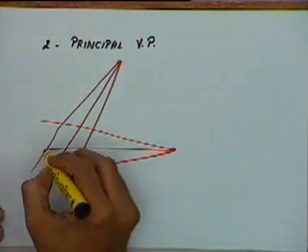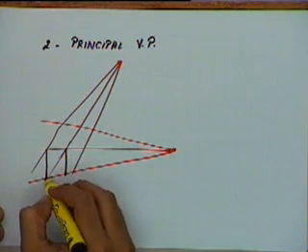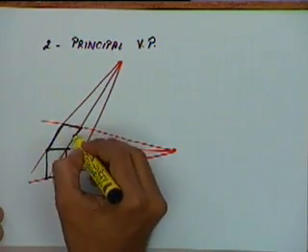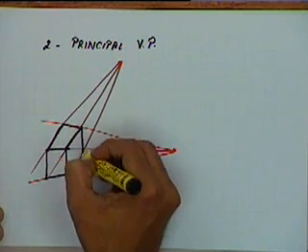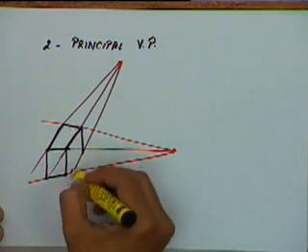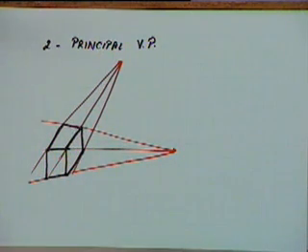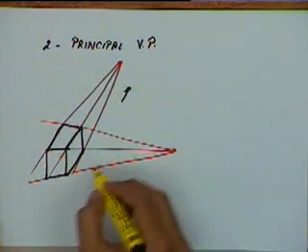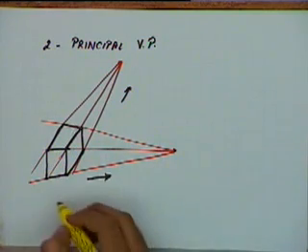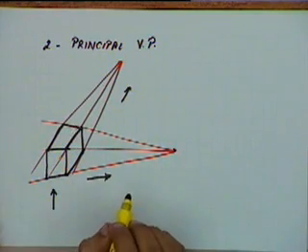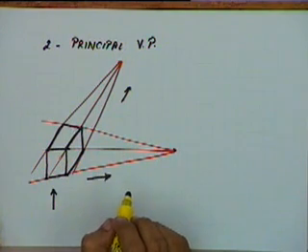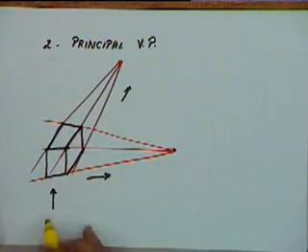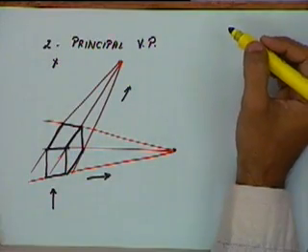Let's say I get something like this. This point does not come up correctly, it will be something like this. All lines parallel in this direction will seem to come from this point, all lines in this direction will seem to come from this point, and all lines parallel in this direction will continue to remain parallel. Similarly, we can have three principal vanishing points, and in that case even lines parallel in this direction will seem to come from a particular point here.